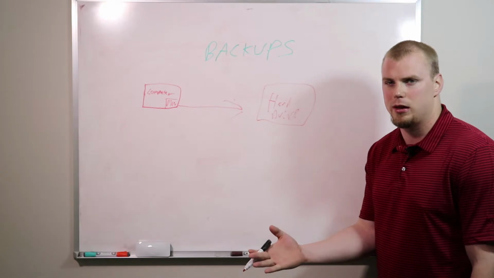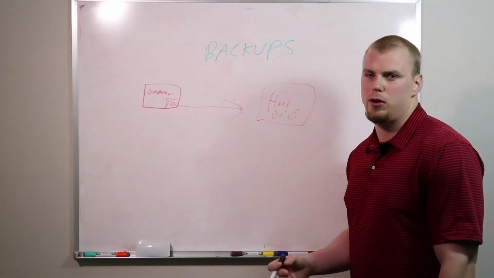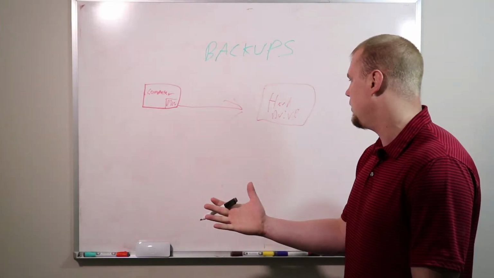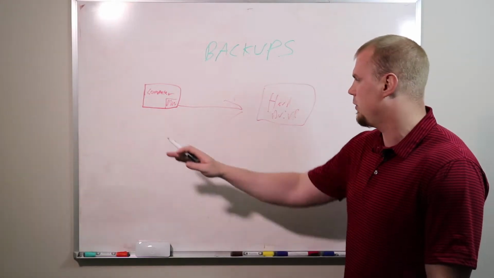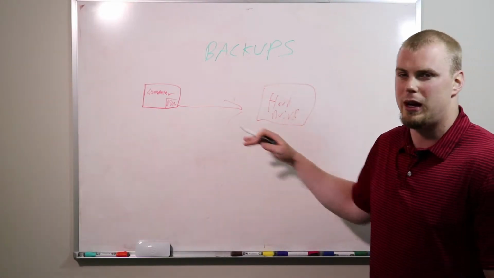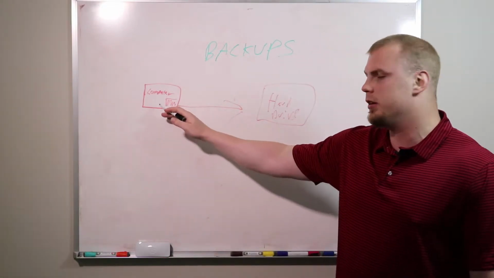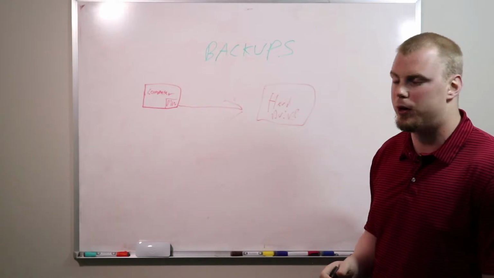So this is a real basic level of backups. The problem with this, though, if you have a natural disaster or if you have ransomware, it's not going to protect you from that, because obviously a natural disaster would wipe both of these out. And then ransomware would encrypt your computer, and it most likely would try to hit your external hard drive as well.